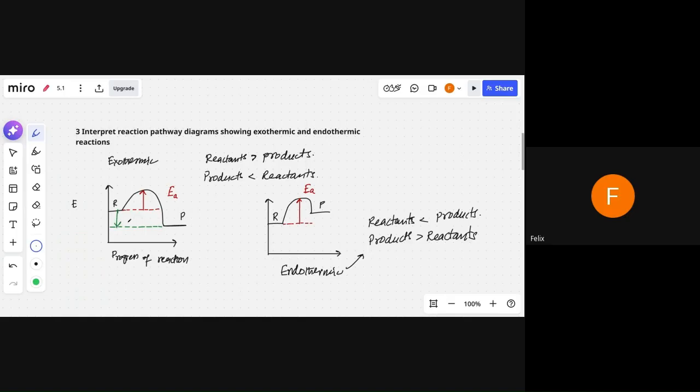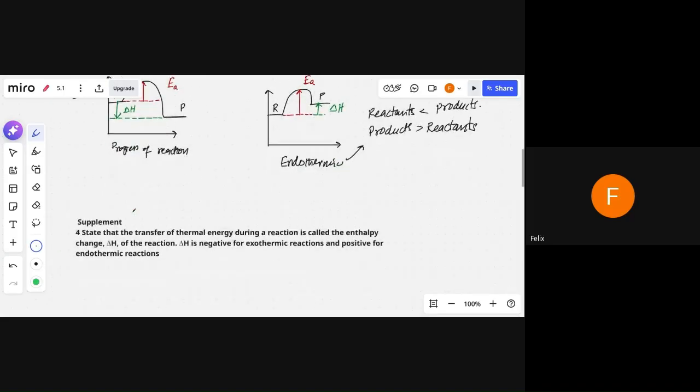So that is delta H. Delta H is the enthalpy change, the difference between the reactants and the products. So I hope this is clear.